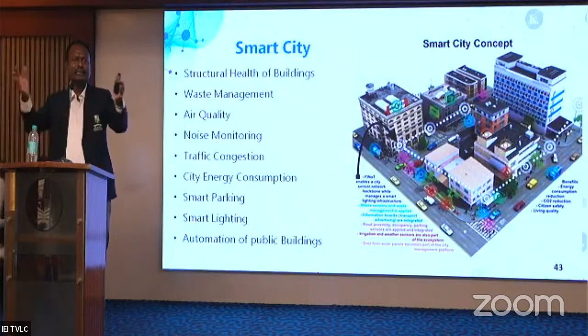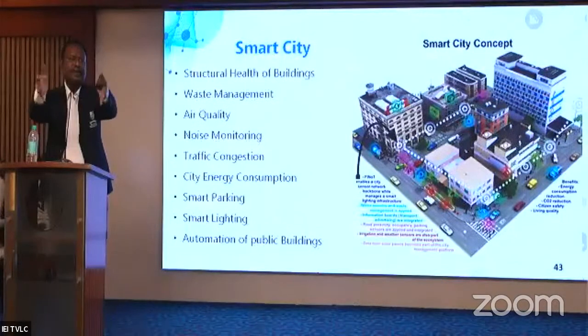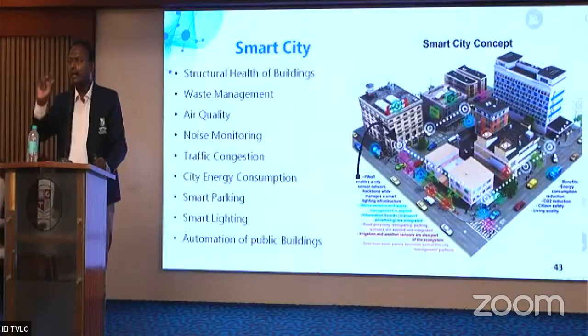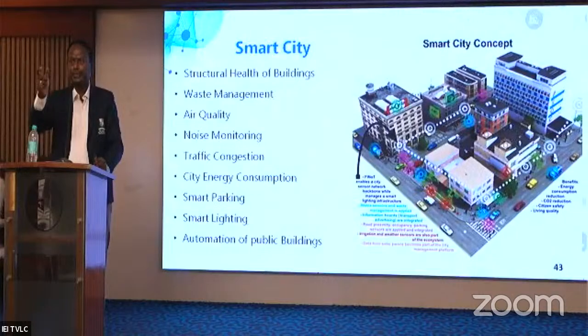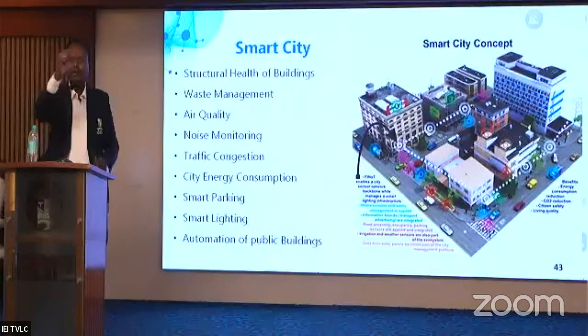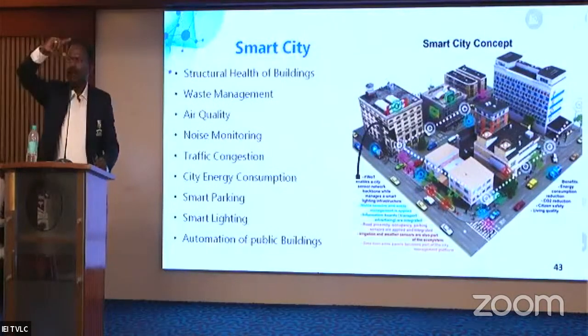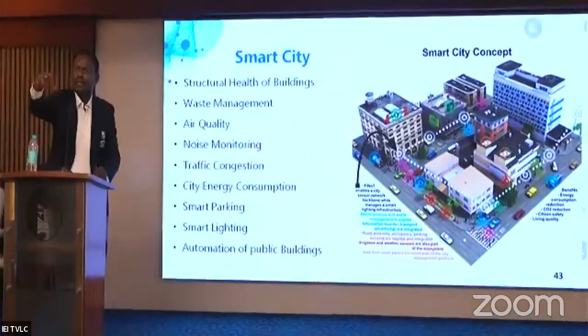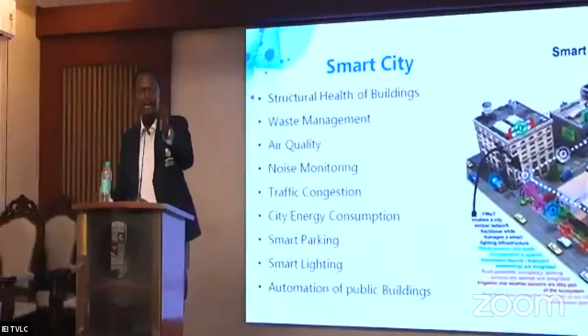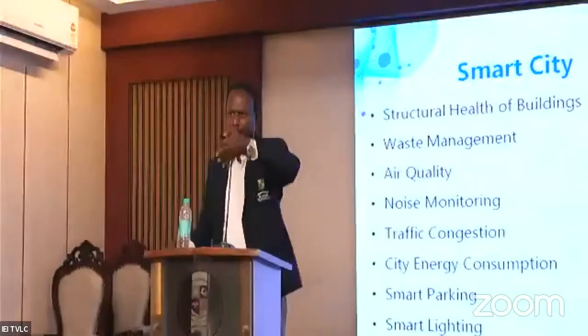Many such pieces of information have to be fed into the system so that it will give an optimal solution. If you want to reach a particular place, you go through some other route, avoiding this route or certain other vehicles. Many such things can happen if IoT devices are properly connected in this smart city.